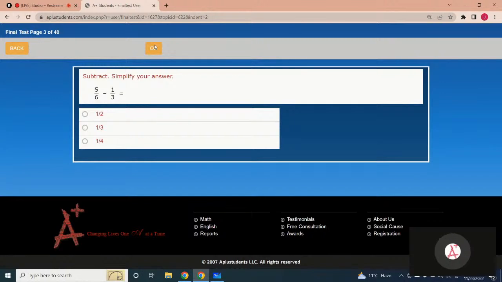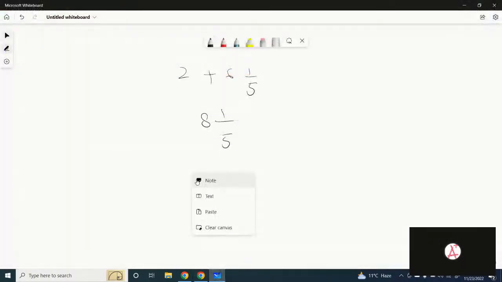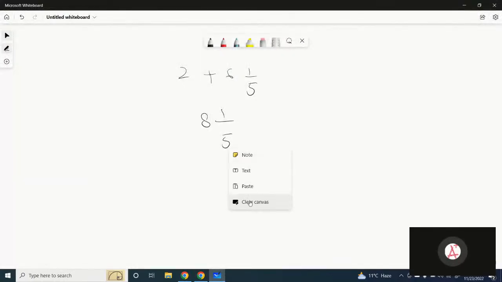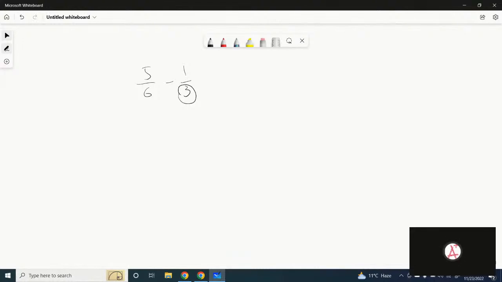Okay, 5 by 6 subtract 1 over 3. So you have to subtract them. First of all, you have to make their denominators the same. You have to make the smaller denominator equal to the greater one.